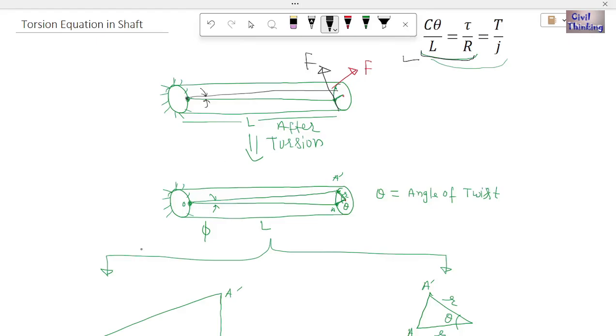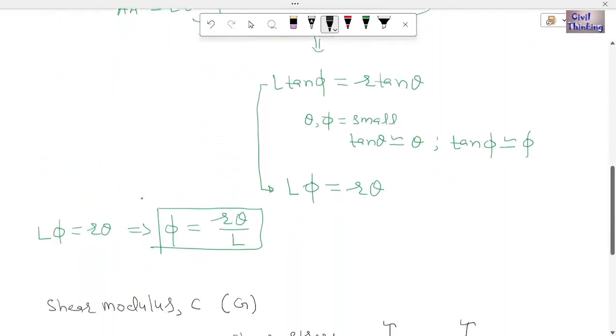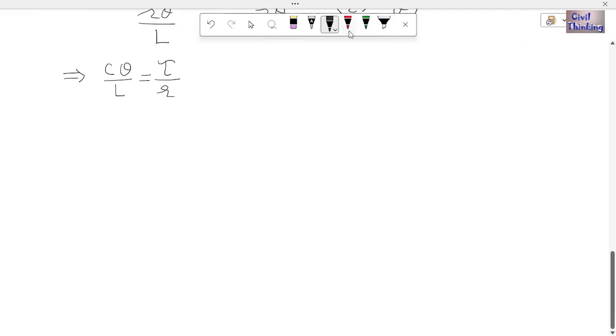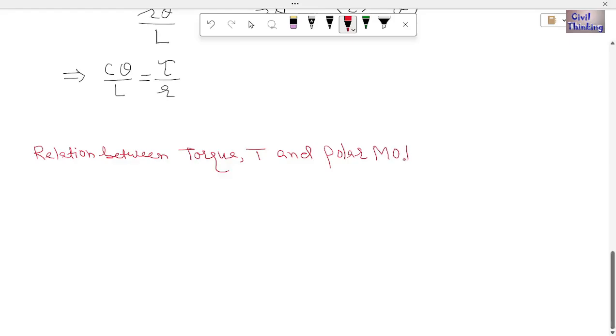So if I write here a relation between torque, which is denoted with capital T, and polar moment of inertia, which we denote with J. By the way, I have already made a video lecture on the polar moment of inertia of a shaft.